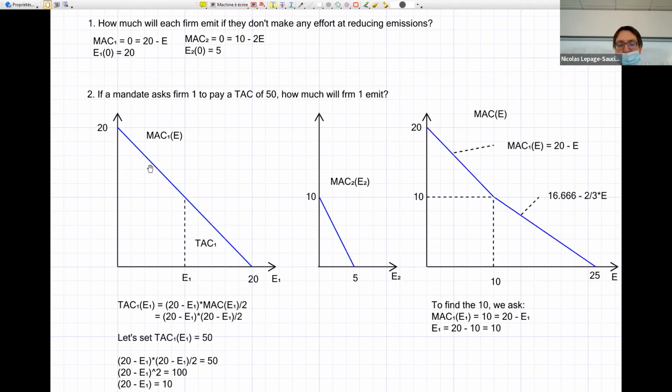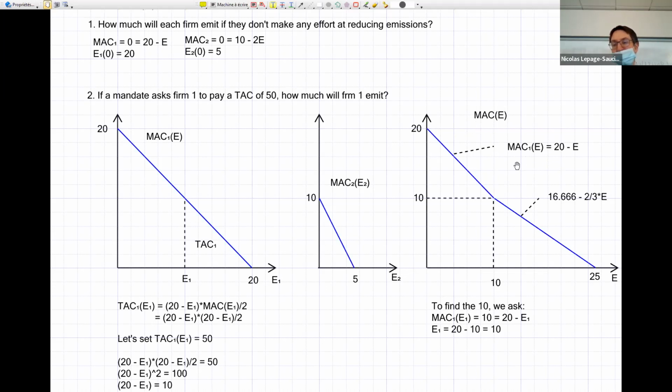Between 20 and 10, the aggregate marginal abatement cost is exactly the same as just this abatement cost curve. So MAC of E equals MAC1 of E, so it's 20 minus E. But the crucial point is when the second firm starts emitting, below 10.